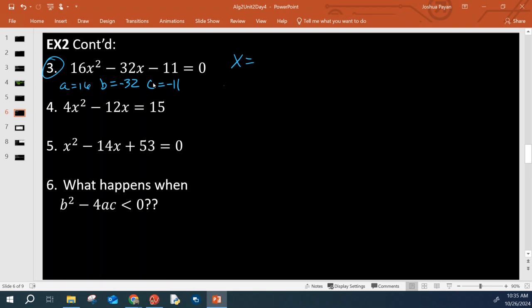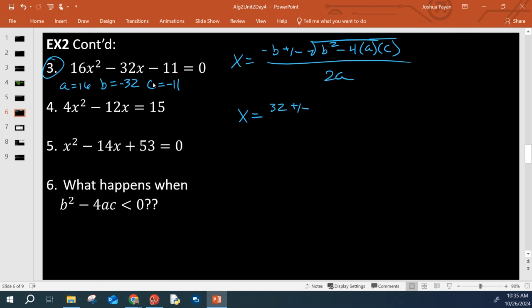And again, our formula is negative b plus or minus the square root of b squared minus 4 times a times c. Okay, so x is equal to negative b, so that would be positive 32, plus or minus the square root of b squared, so 32 squared minus 4 times a times c, all divided by 2 times a.